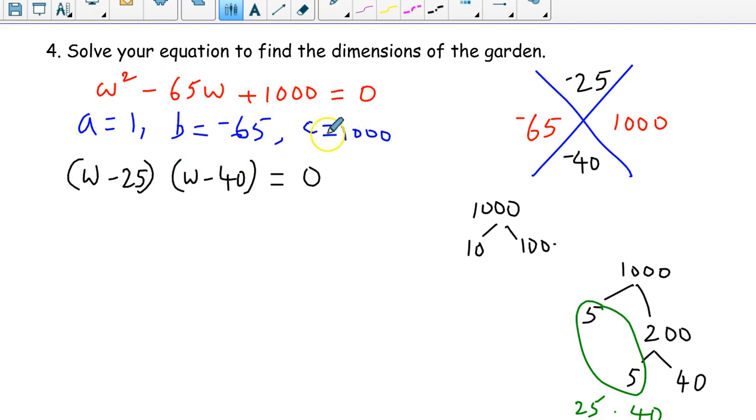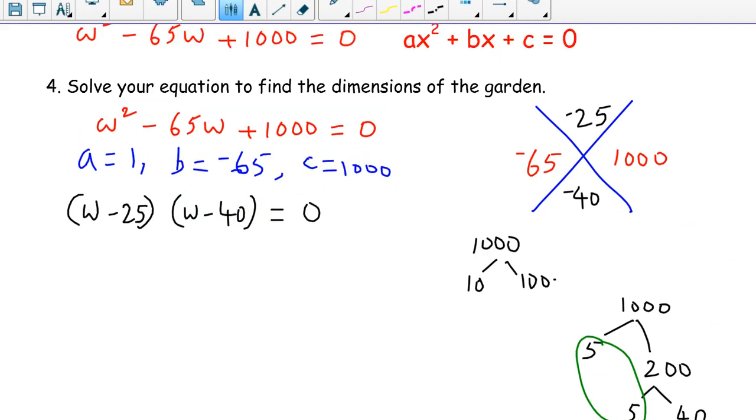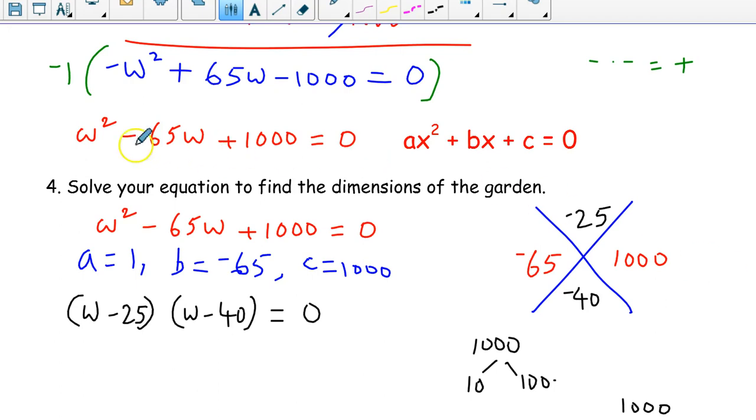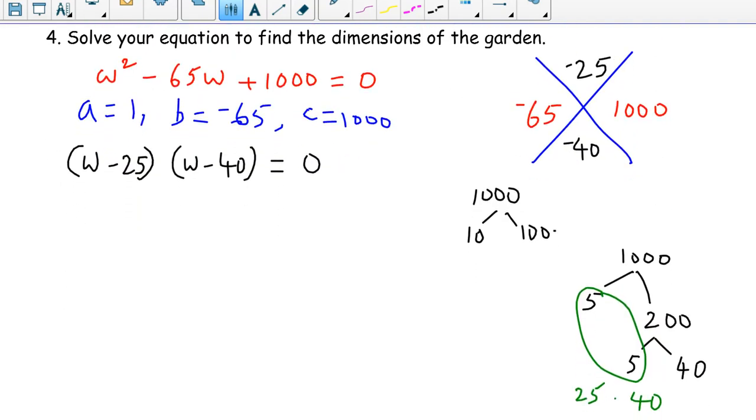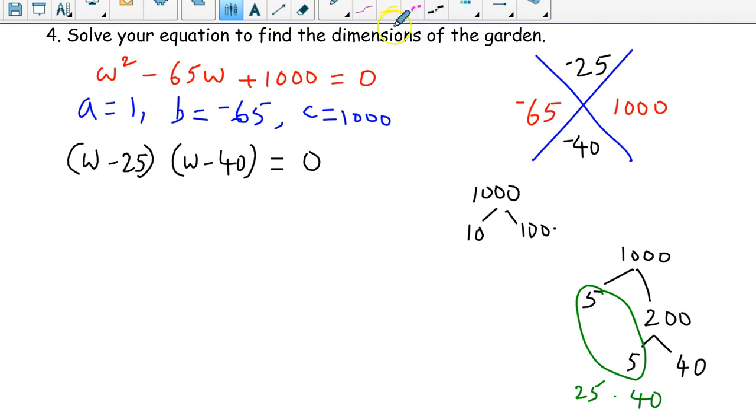See, so simple it is. Once we handled this negative sign and got a equal to 1 instead of negative 1, our problem is solved. And using the zero product property, w minus 25 is equal to 0 and w minus 40 is equal to 0. Find the value of w by adding 25 on both sides.